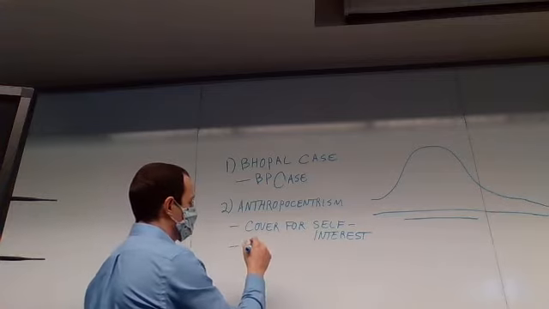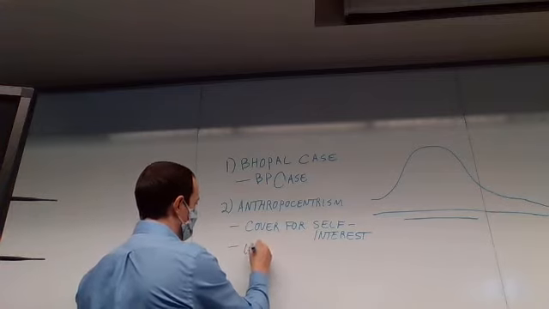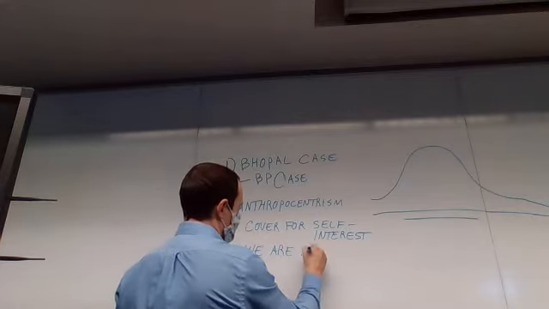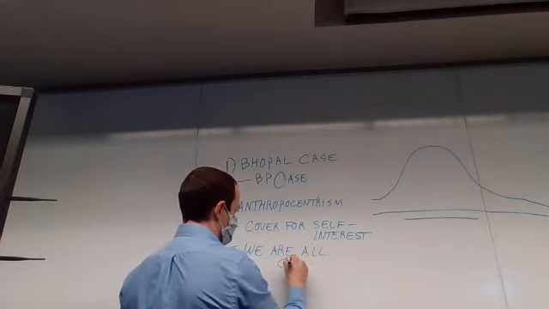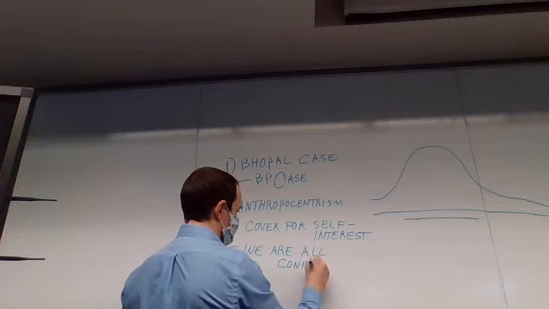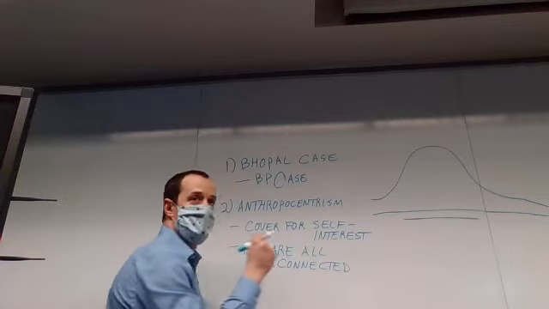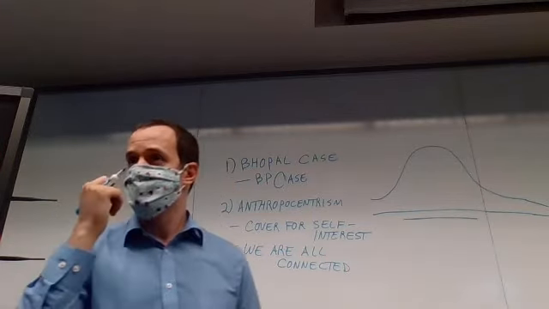A second objection to the anthropocentric view is just that it is short-sighted to assert that human beings can impact the environment without ultimately impacting ourselves. Okay, so we are all connected is the objection.